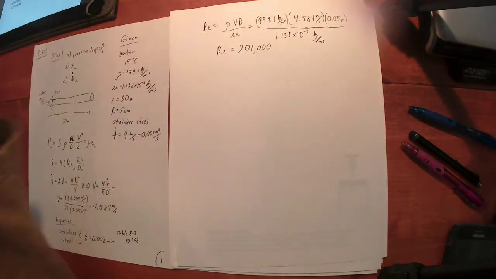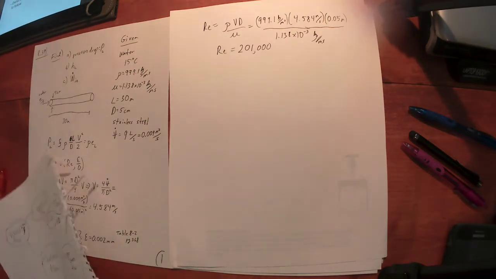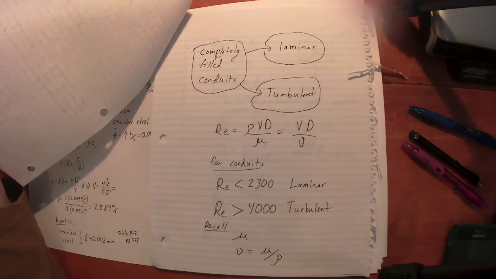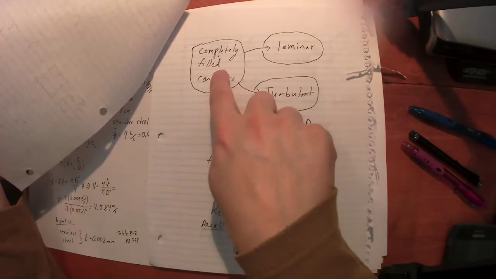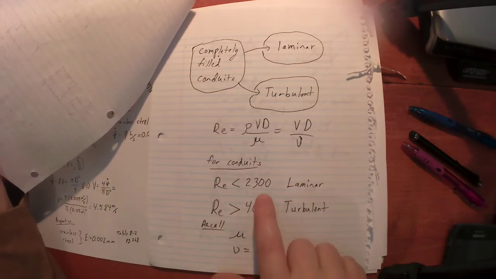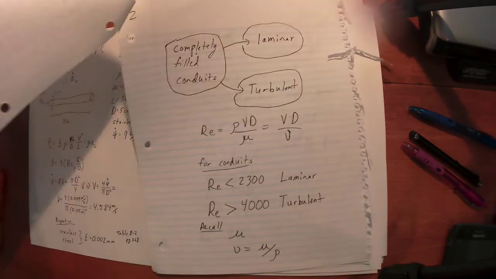Now, what does this tell us? What do we need the Reynolds number for? The Reynolds number gives us a prediction of whether we're dealing with laminar or turbulent flow, because how we're going to find the viscous effect depends on that.